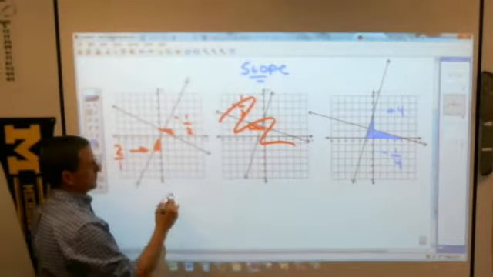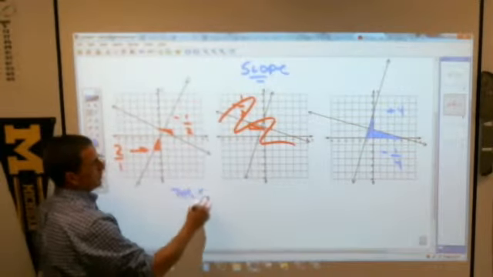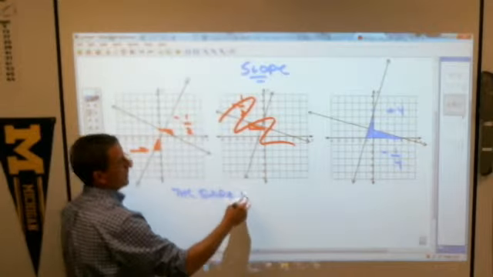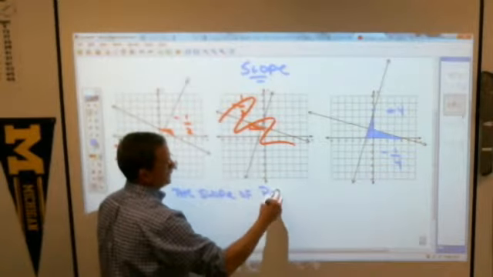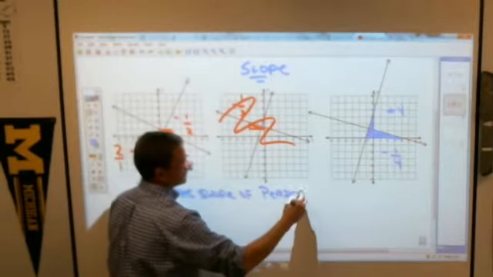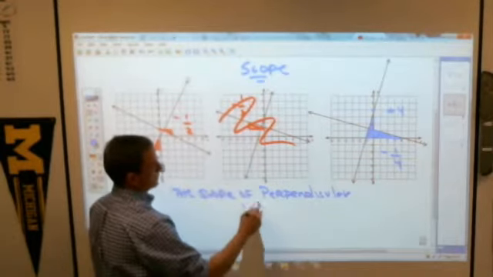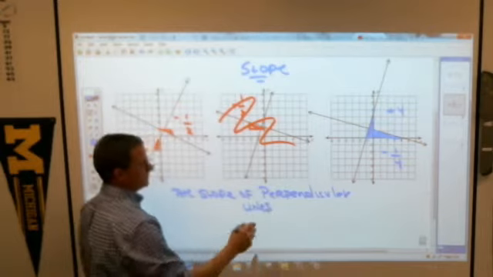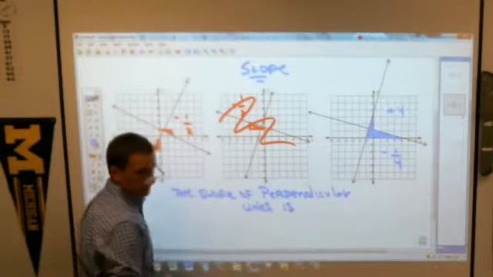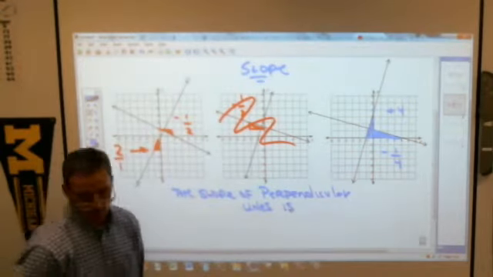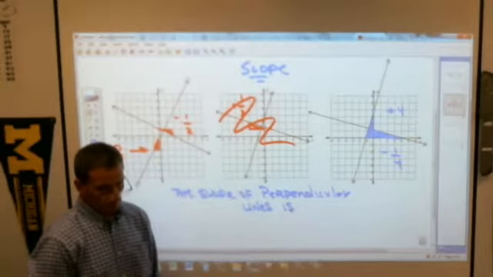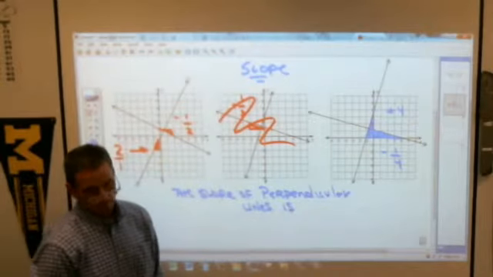I will write this: the slope of perpendicular lines is, we have to be careful how we say it. Somebody?